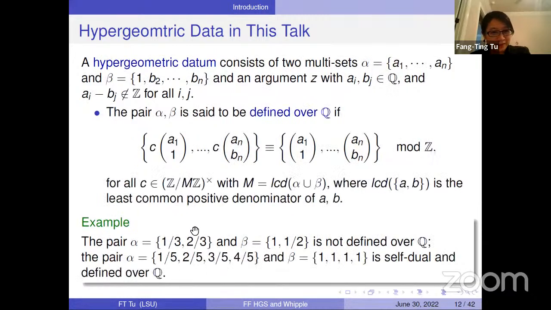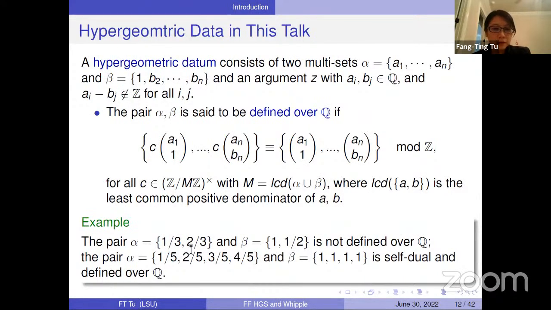Okay, and we say that the pair alpha, beta is defined over Q if, roughly speaking, the set is closed under multiplication by all the numbers coprime to the least common denominator of all the parameters a_i, b_j.